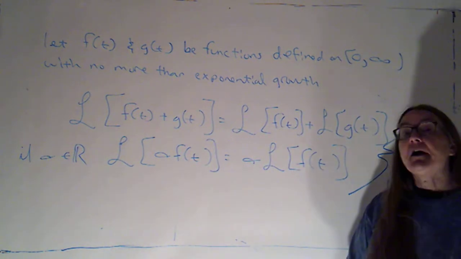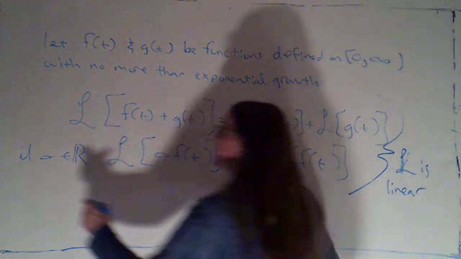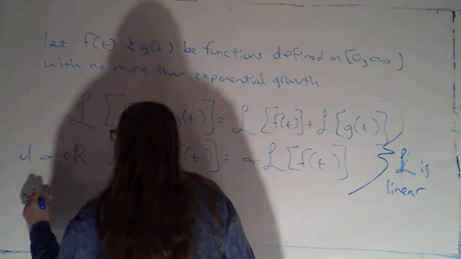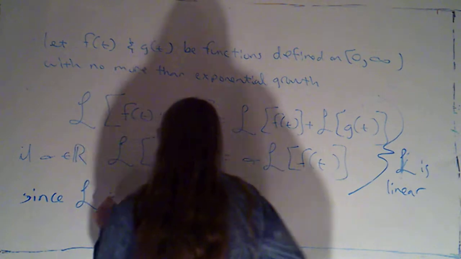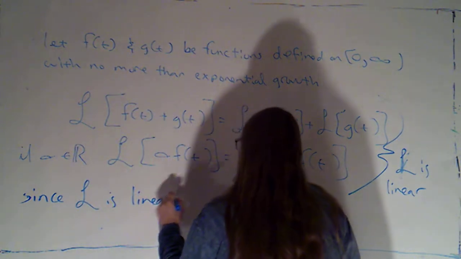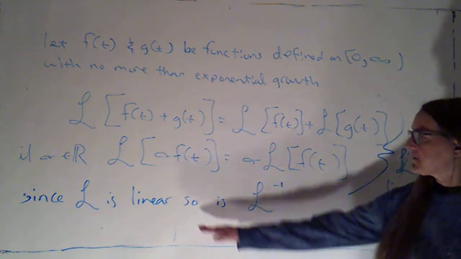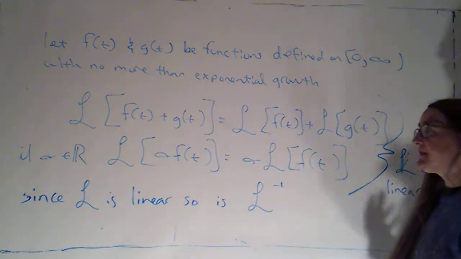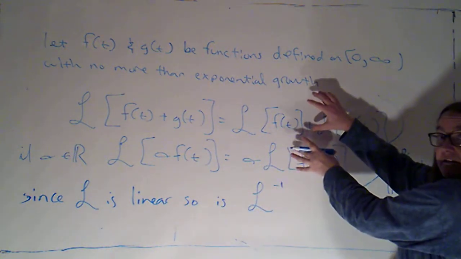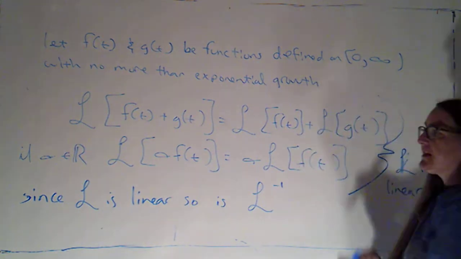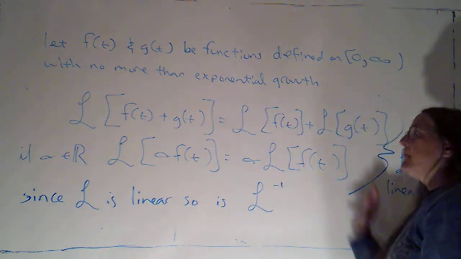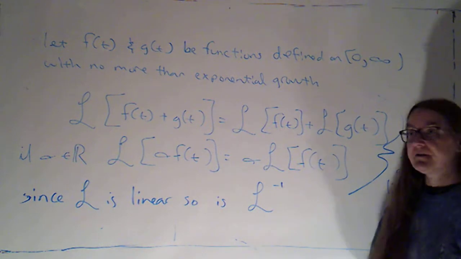Important fact: since L is linear, the Laplace transform is linear, so is the inverse. That's always going to be true. If I have something with these two properties and it's invertible, these properties will be inherited by the inverse function.